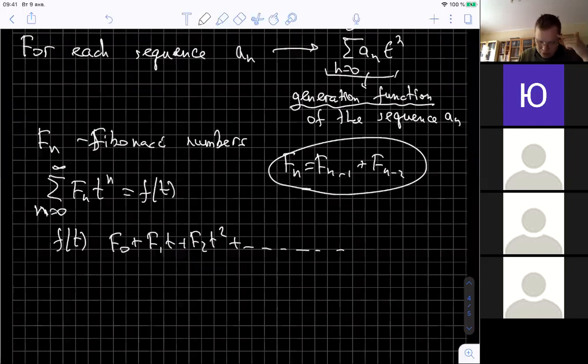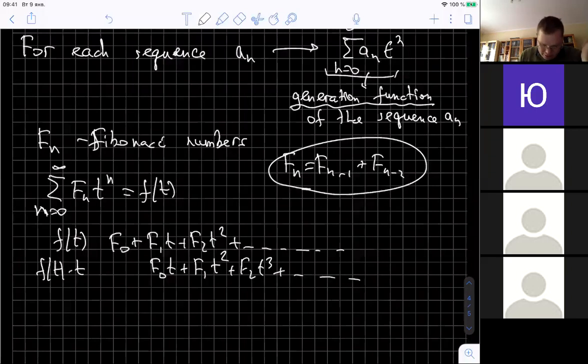So we can just multiply f of t by t, and we will have the formal power series f0 times t plus f1 times t squared plus f2 times t cubed, and so on. And we can consider f of t times t squared. So it will be f0 times t squared, f1 times t cubed, and so on.